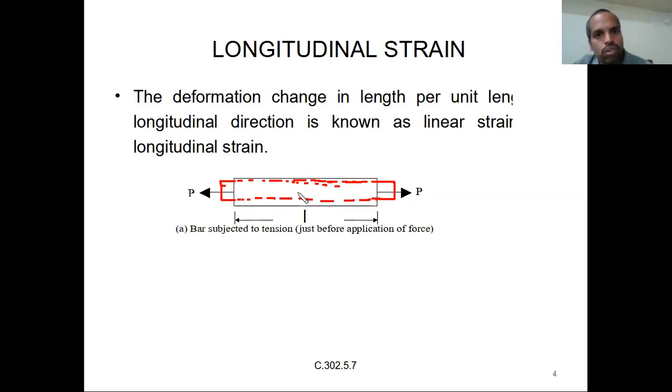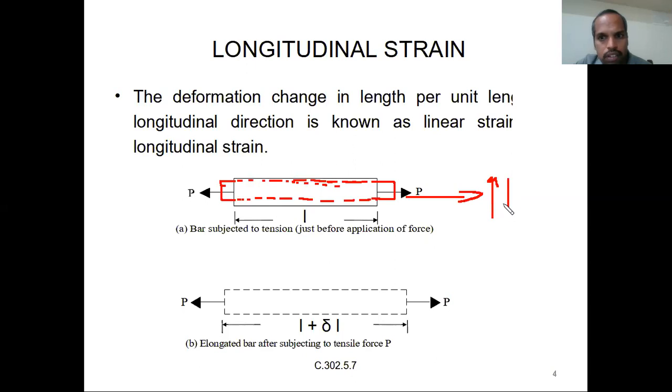That is nothing but lateral deformation, the lateral change in length. This is the longitudinal direction and this is the lateral direction. When the member's length increases, the length in the lateral direction decreases.